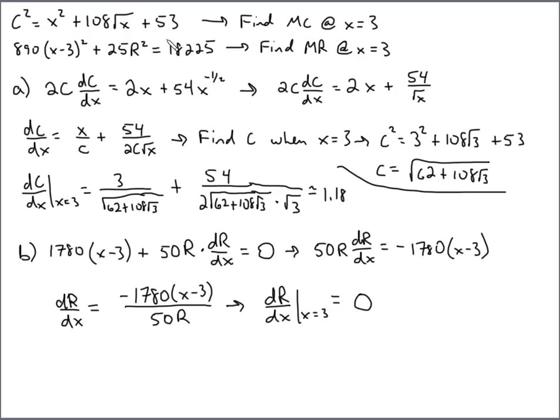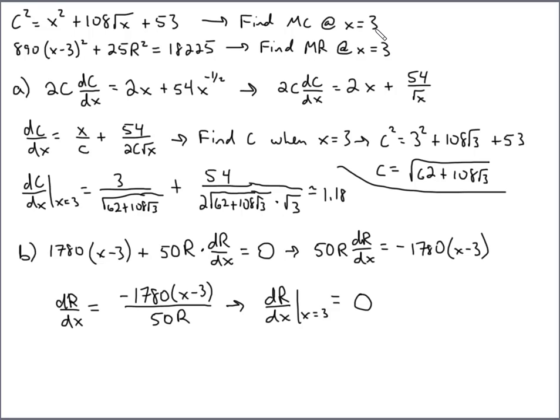So just to give an interpretation of this, just remember what marginal revenue and marginal cost are. Marginal cost, when x equals 3, if x is the number of units that we're selling, and we're selling 3, I don't know what the units might be, maybe 3,000 of them or whatever, if we're saying thousands of units.